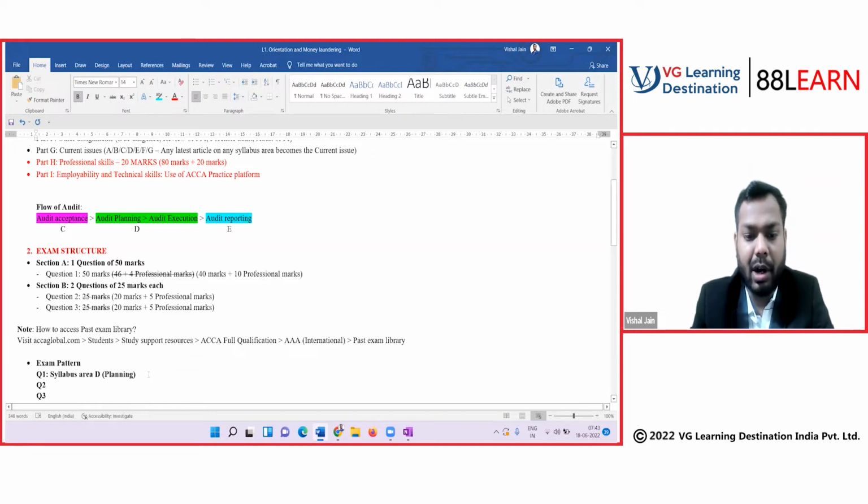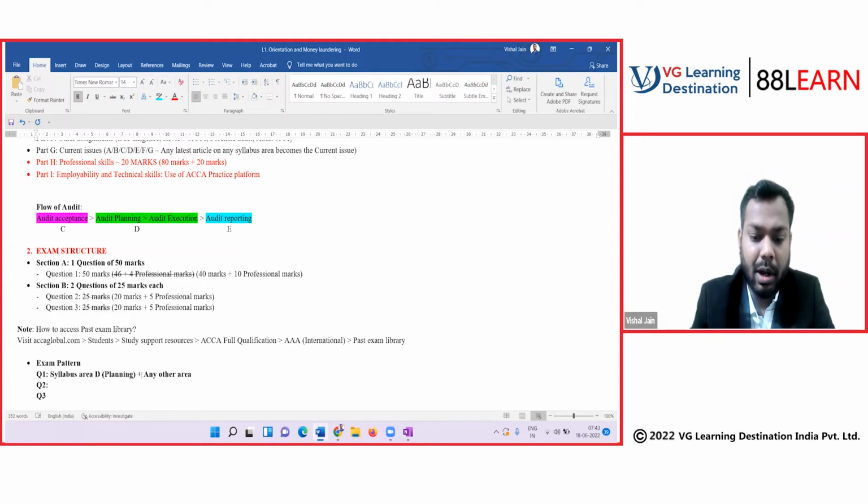Then it will test knowledge from any other area, but you need to understand that the planning area will comprise at least 20 to 25 marks. You have to understand this very clearly. Any other area gets the remaining marks plus 10 professional marks.